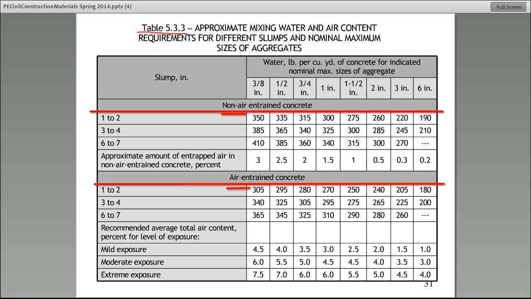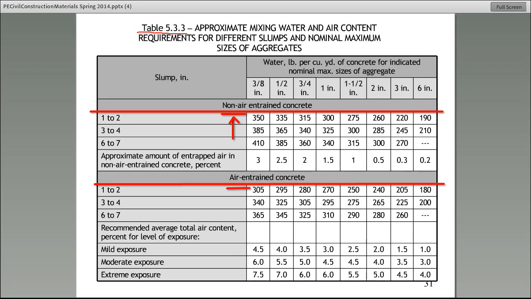First of all, when do you choose to design air entrained versus non-air entrained? I think I did allude to this. I mentioned this earlier. When we looked at the statement of this problem, this goes to exposure. In this particular case, they said exposure is mild. So if the exposure is mild, if we are not concerned about freeze-thaw cycles, then what we're going to design is non-air entrained concrete.